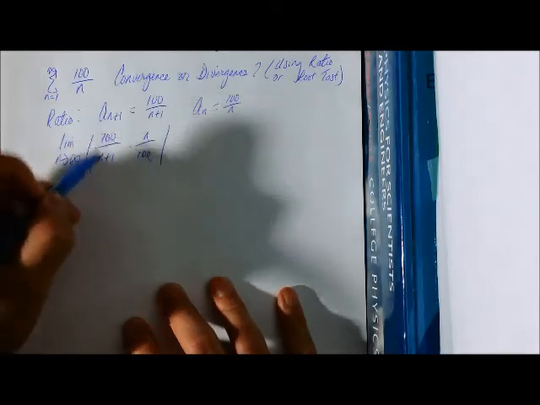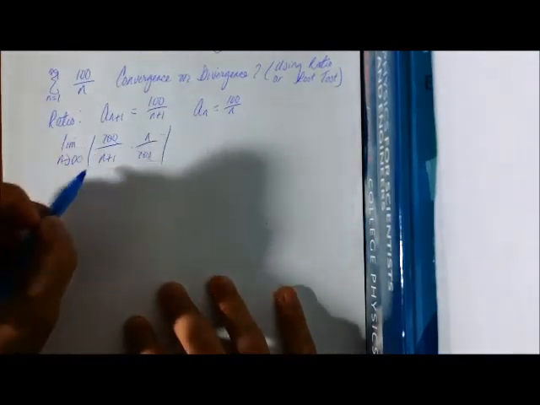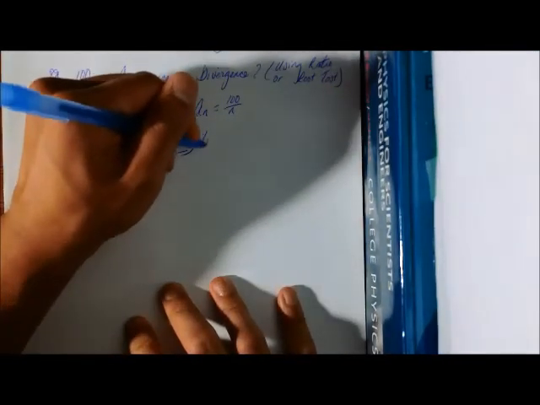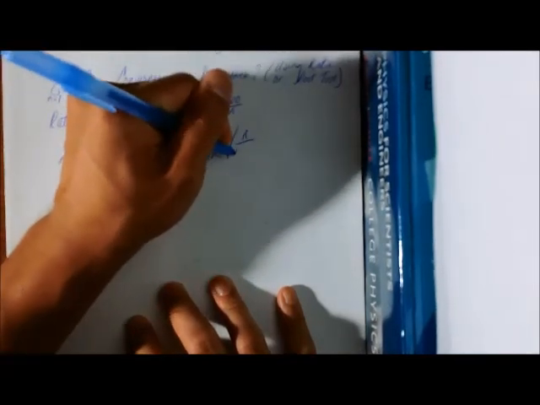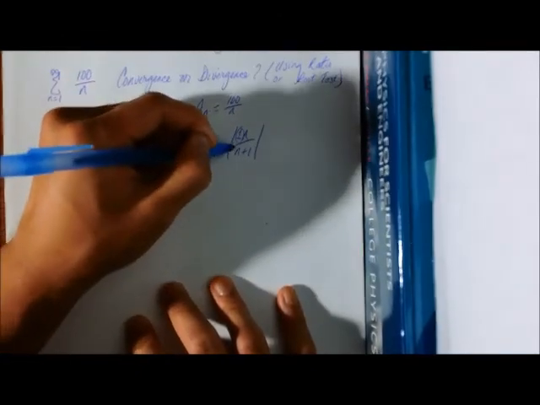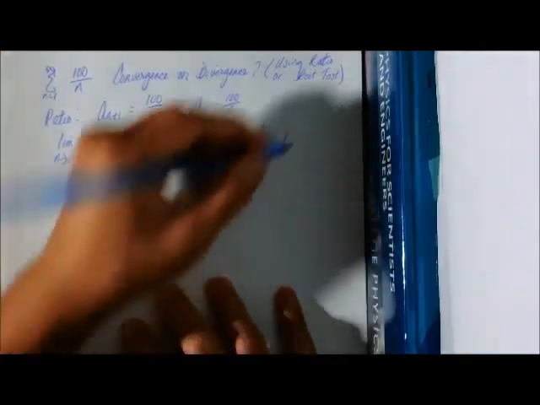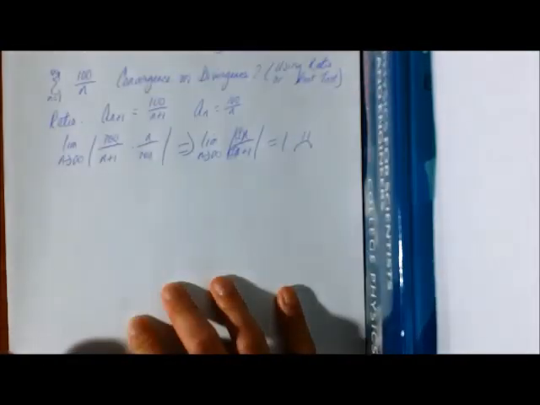The 100s cancel, but the limit of n over n plus 1 doesn't equal something less than or greater than 1. It equals exactly 1 because of the coefficients. And that's a sad face.